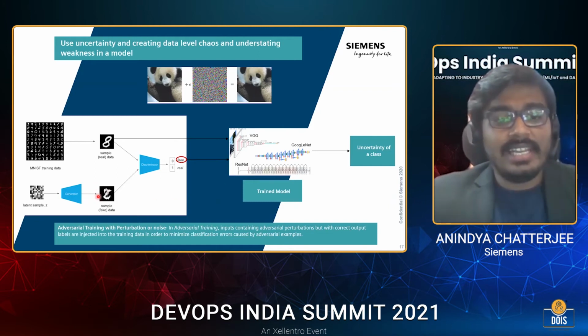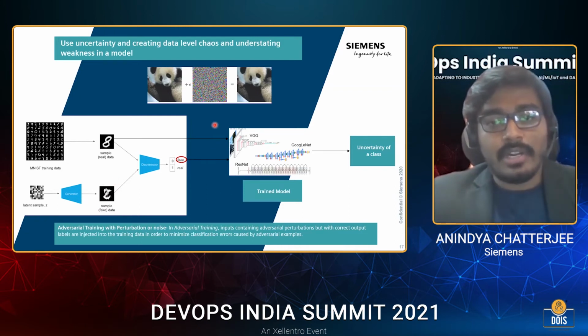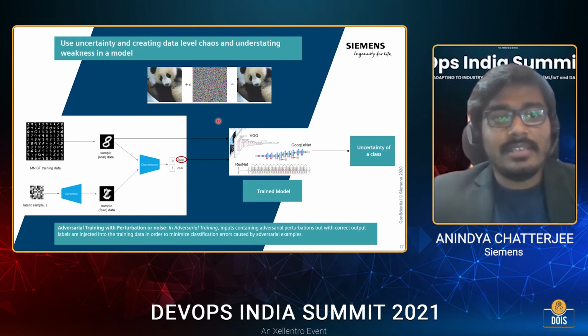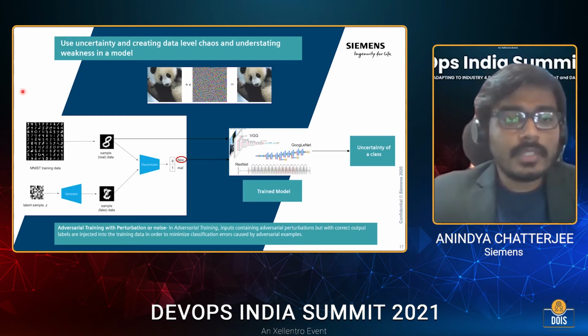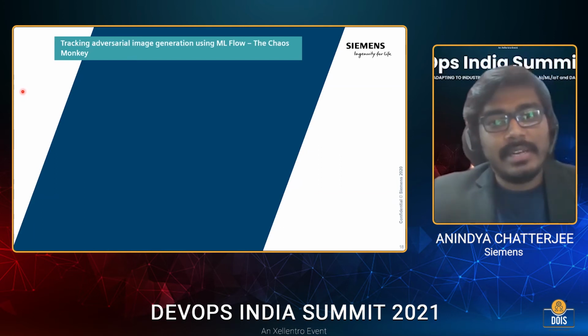So this is basically creating adversarial samples or adversarial perturbations of our data, and then trying to test our model against these attacks. This is a simple case where this generator, or this GAN network, becomes our chaos monkey for our image classification system.